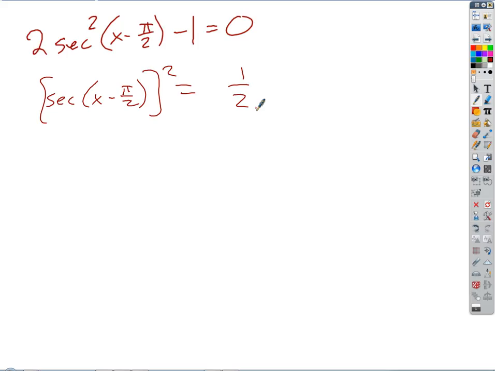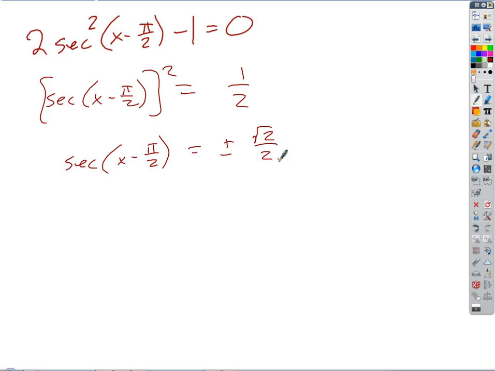So I get secant of x minus pi halves equals plus or minus the square root of 1 half, which is square root 2 over 2.